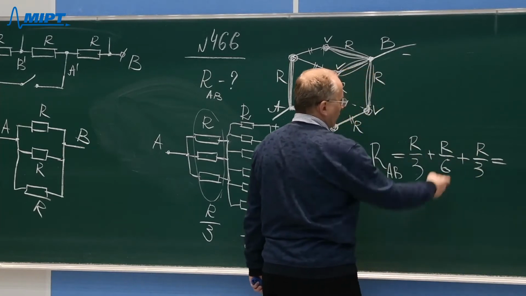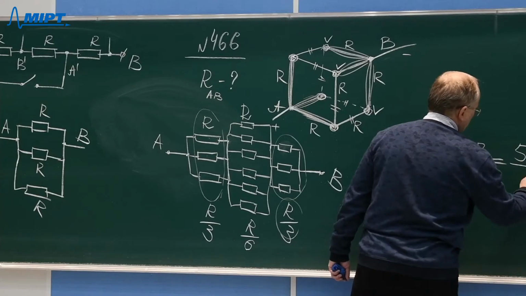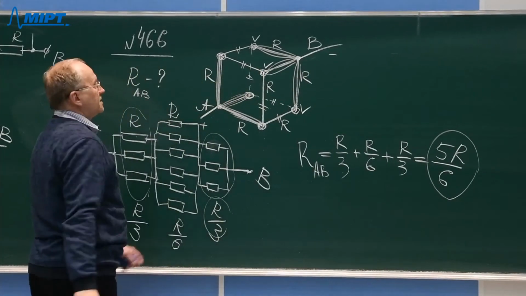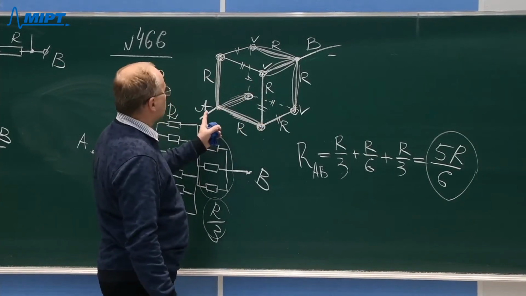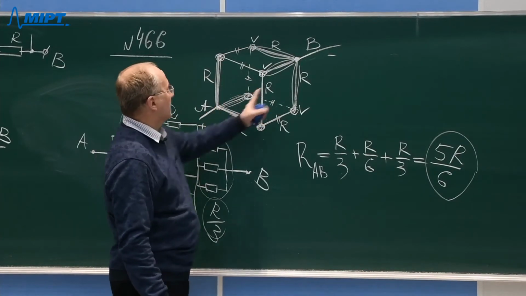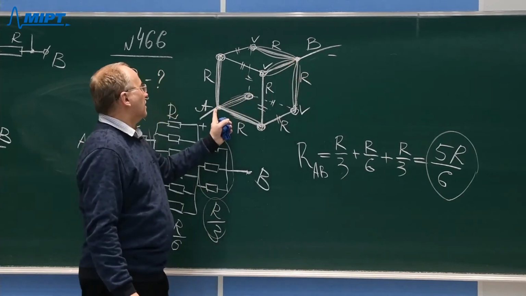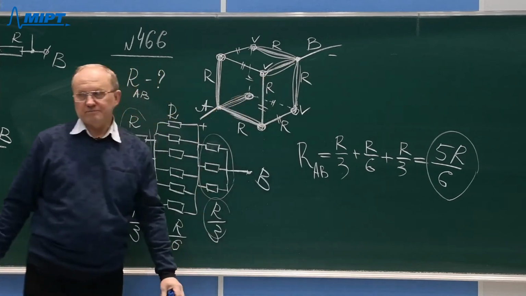That will be 4 plus 1, that is 5R divided by 6. That will be the total resistance of a wire cube, the resistance measured between points A and B, the opposite vertices of the cube, which belong to a diagonal, the cube diagonal.